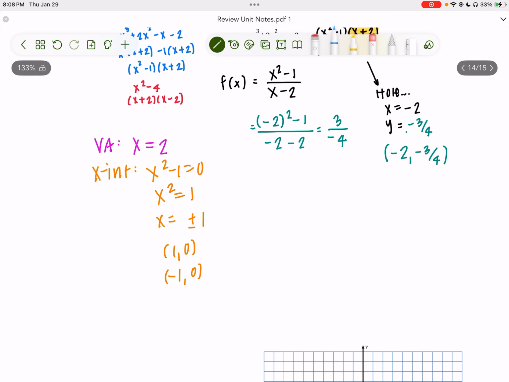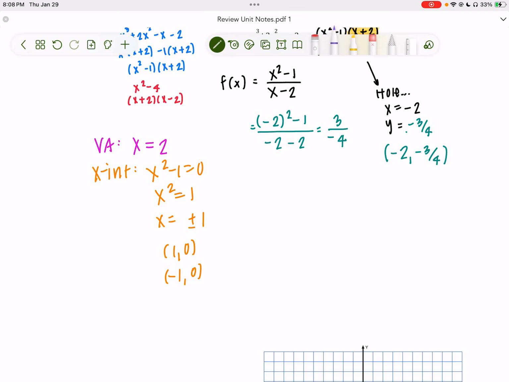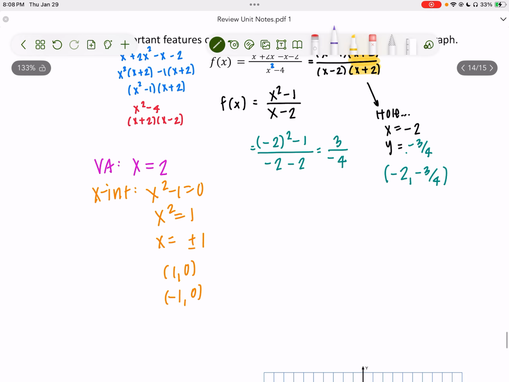And then our y-intercept. That's going to be 0, 1/2, because -1 and -2 will cancel out negatives.